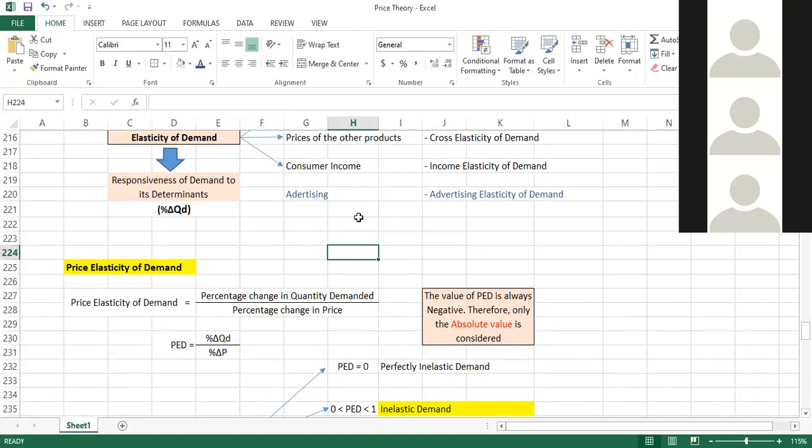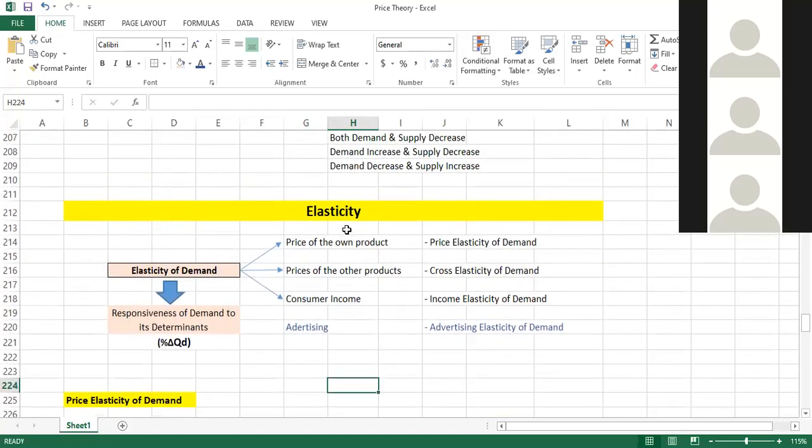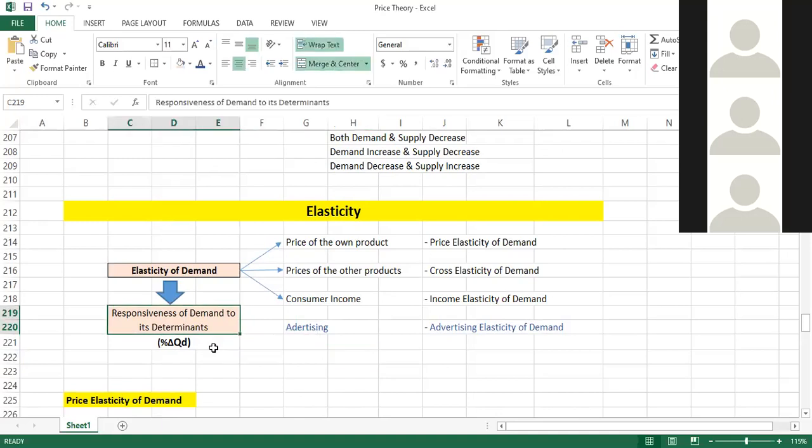So elasticity of demand can be analyzed with respect to any factor. But as I mentioned, some factors are not considered because we can't measure them. For example, quality of the product is one main determinant of demand. But is it possible to measure the percentage change in quality? That is not measurable. Another factor affecting demand is consumer taste. But is it possible to measure the change in taste?